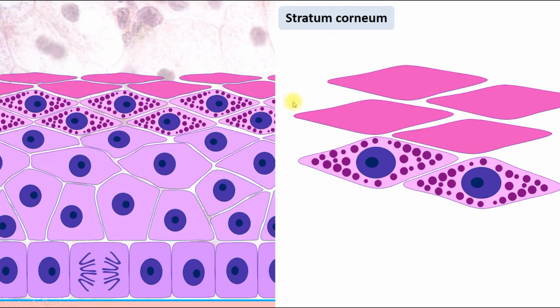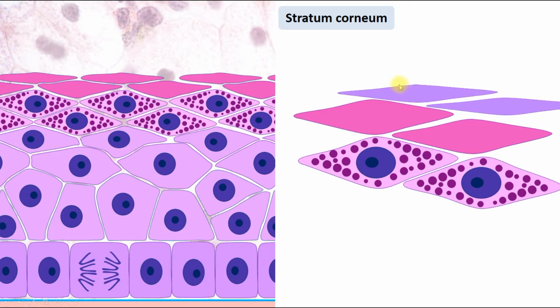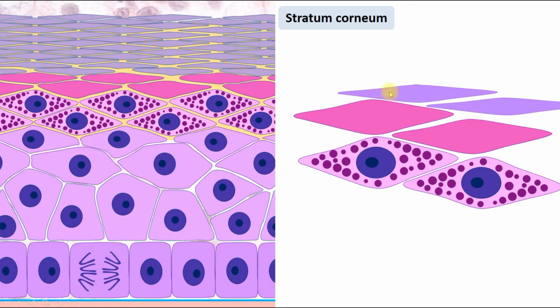And in the next layer, cells are completely filled with mature keratin. It undergoes some chemical reactions and finishes the maturation, and cells become more flattened in shape, and keratin plates are developed from pre-existing cells. Those keratin plates form the stratum corneum.